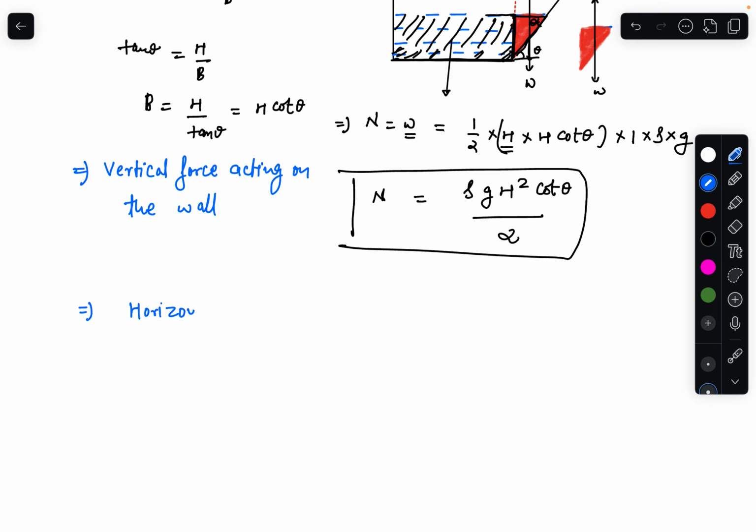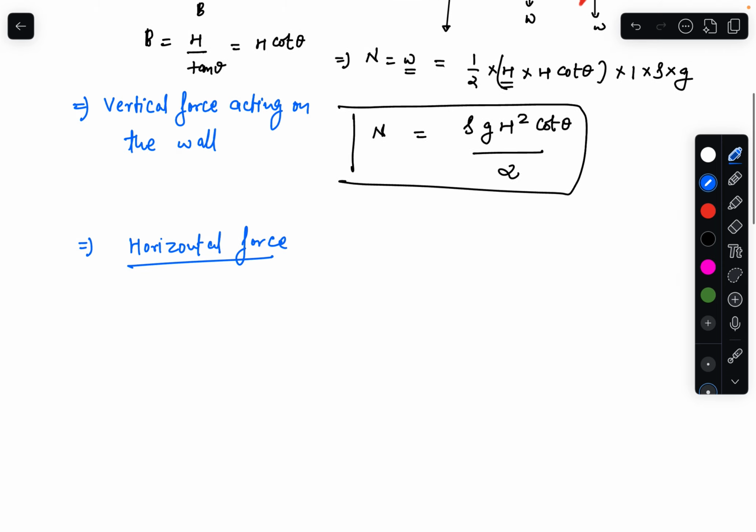Now whenever we want to calculate the horizontal force, there is a shortcut method, again I'm saying. Here we have this inclined surface and it is filled up to a height h.